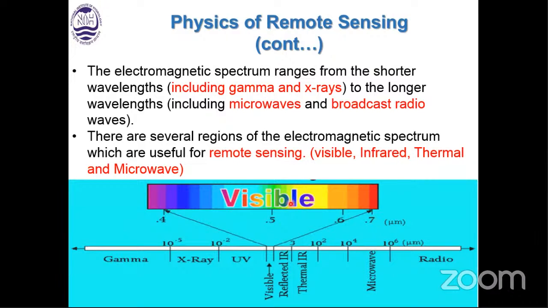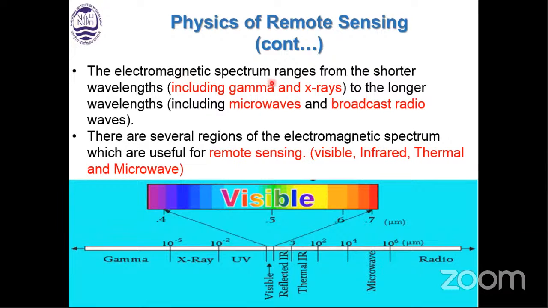The human eye can detect only the rays falling in this particular band. But when we talk about remote sensing, not only the visible range, but also the reflective infrared, thermal infrared, and microwave help us to image the Earth's surface.